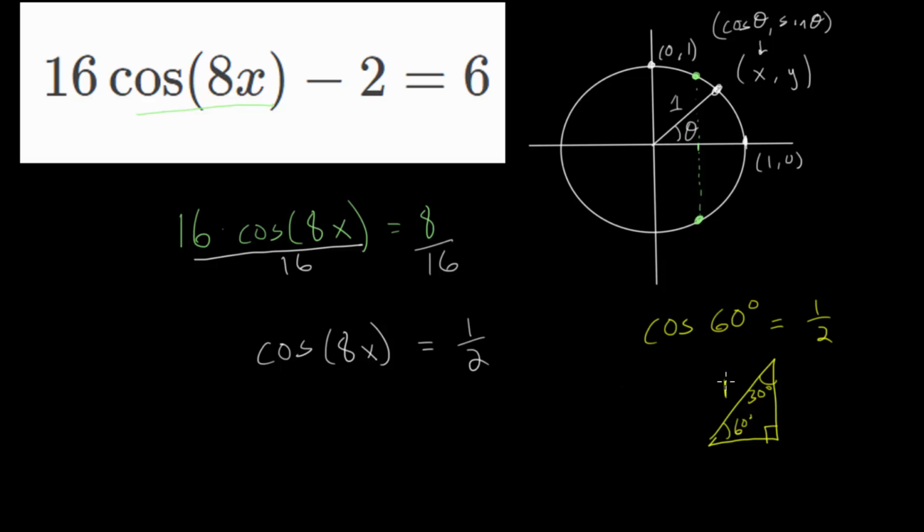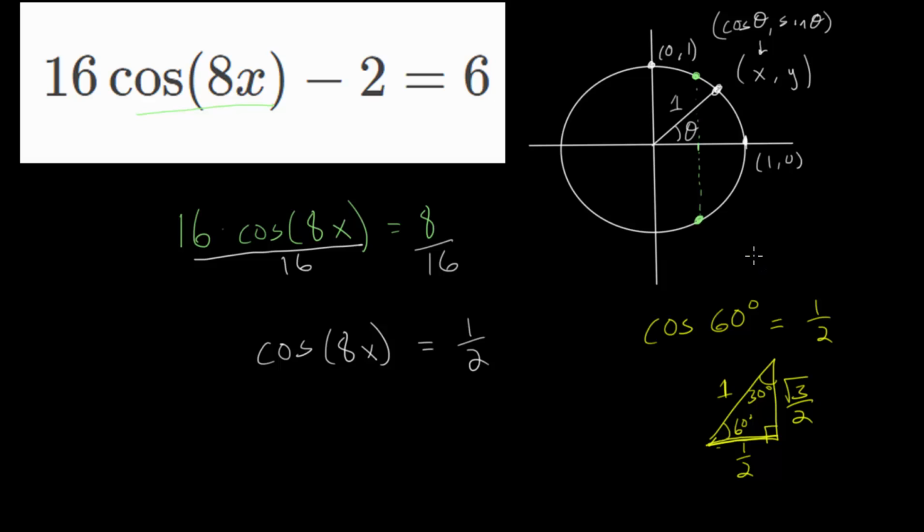Since we know the hypotenuse is 1, the shortest side is always half the length of the hypotenuse, and then the middle length side in these 30, 60, 90 triangles is the square root of 3 multiplied by the small side. So this becomes root 3 over 2. So if we wanted the sine of 60, it would be root 3 over 2. But we want the cosine. We want the x value, or the horizontal value, which you can see is 1/2.